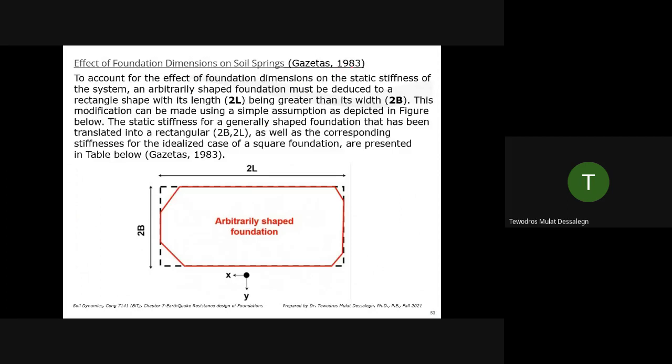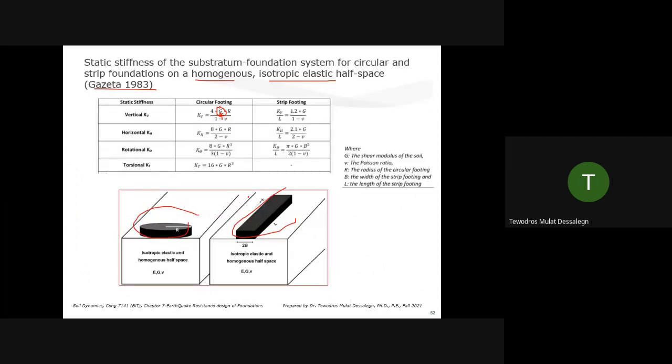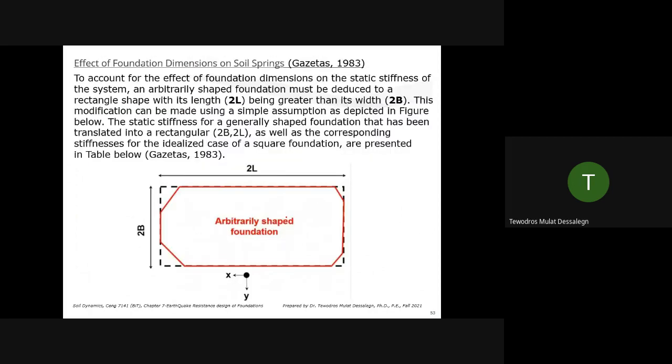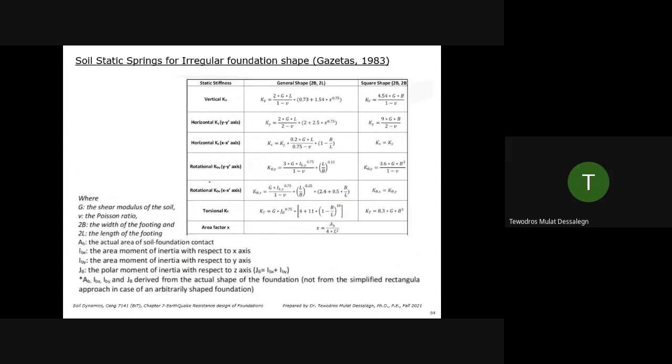Gazetas also prepared the same spring approach for irregular foundations. Regular foundations are circular, rectangular, square, or strip. We have seen those before. He developed relations for irregular foundations. You can find the maximum length of that irregular foundation, 2L, and the width, 2B, and he provided relations for those.